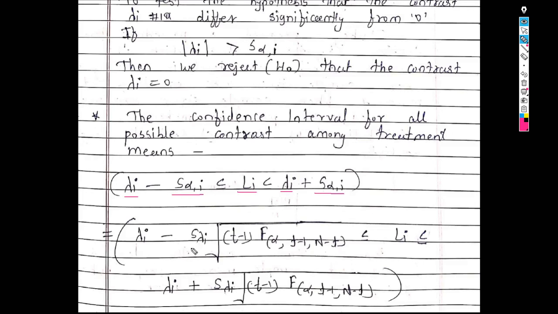Our critical value is S_λi times the rest, where S_λi is the standard error for the linear contrast λi.